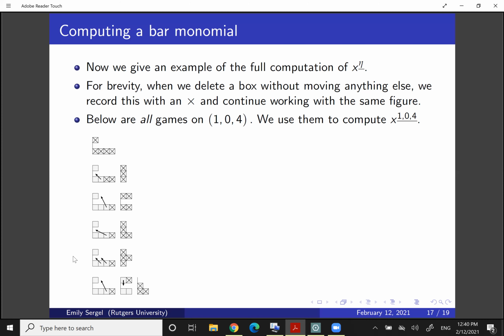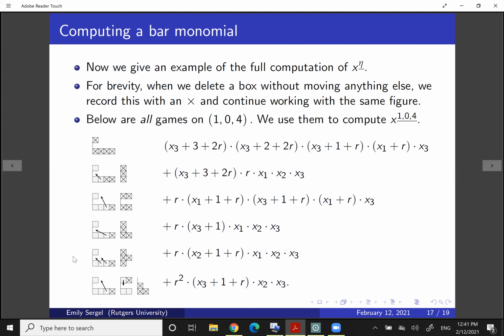And each one of them is going to give me this corresponding weight. This first guy, which is all trivial moves, has 5 linear factors. So that's the only one that's going to give me anything of degree 5. And what's its top degree term? Well, it's exactly the monomial it should be, because 4 times I delete a box from row 3, that's going to give me 4 x3s.